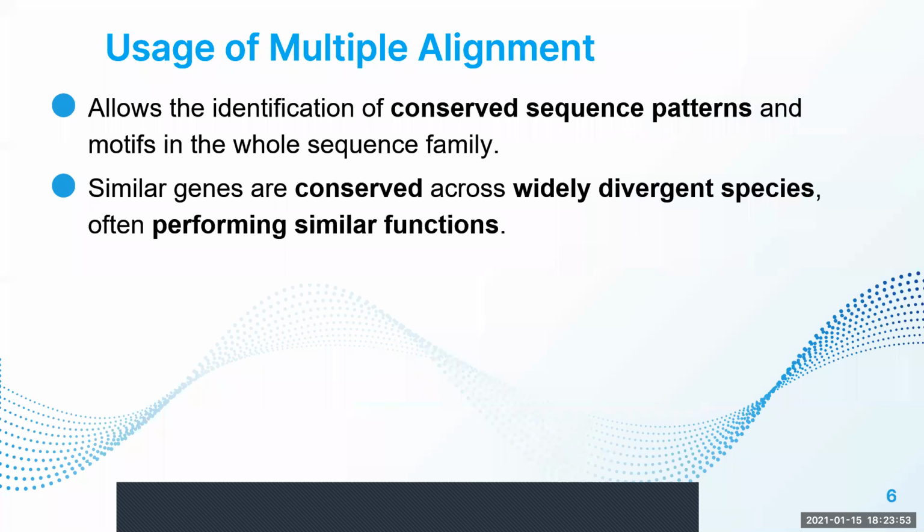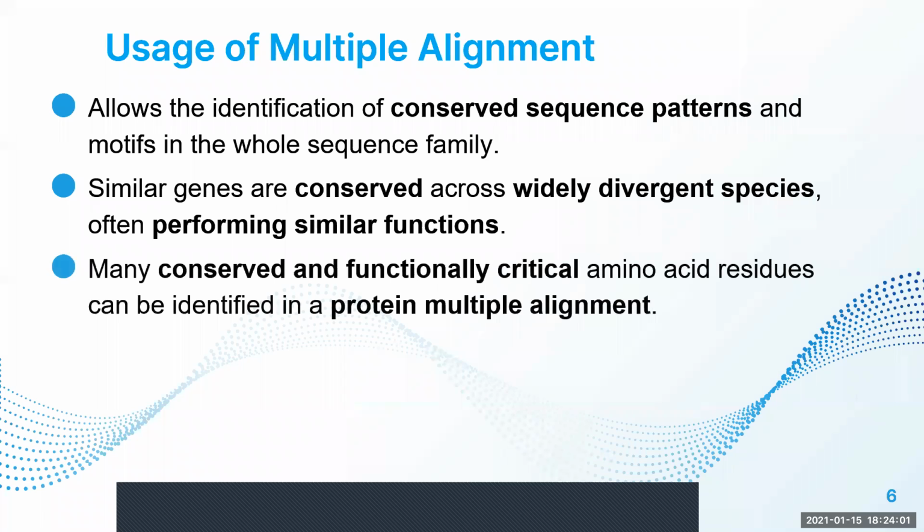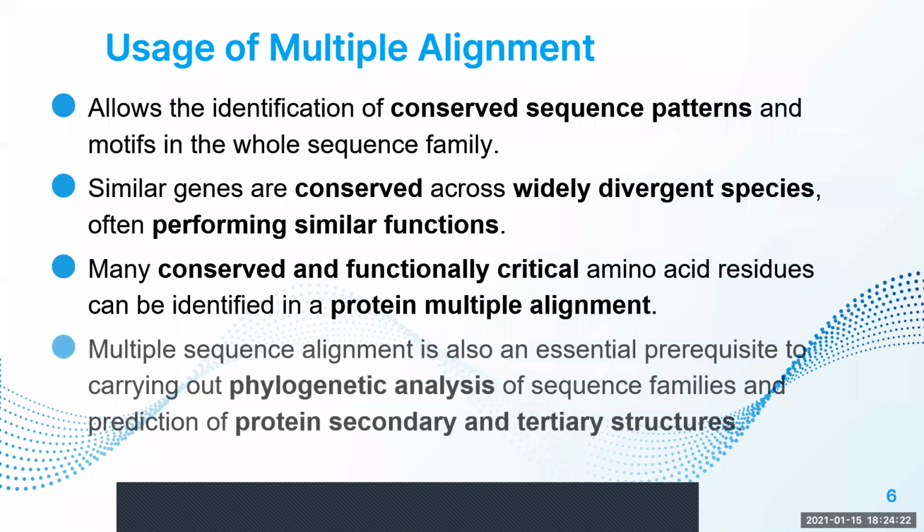Even though they are divergent, they have some conserved DNA patterns in their DNA sequence. Then these functionalities, these amino acids, can be identified in a protein. We can align protein sequences and identify these conserved amino acids, the functional and structural things.